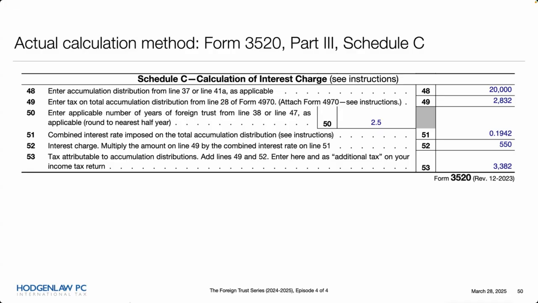And line 51 is the same interest factor from the same table that I showed you a couple slides ago. The math tells us the interest charge on that $2,832 is $550. We add line 49 and line 52, and hey presto, congratulations. The trustee did the trustee's work by preparing the foreign non-grantor trust beneficiary statement, and the beneficiary's total tax on the accumulation distribution is $3,382.